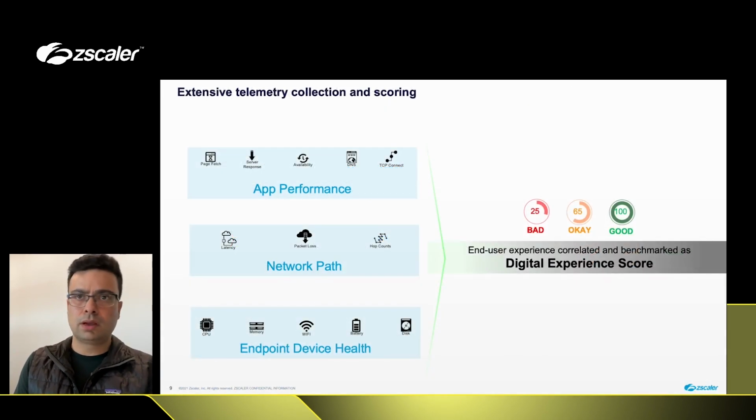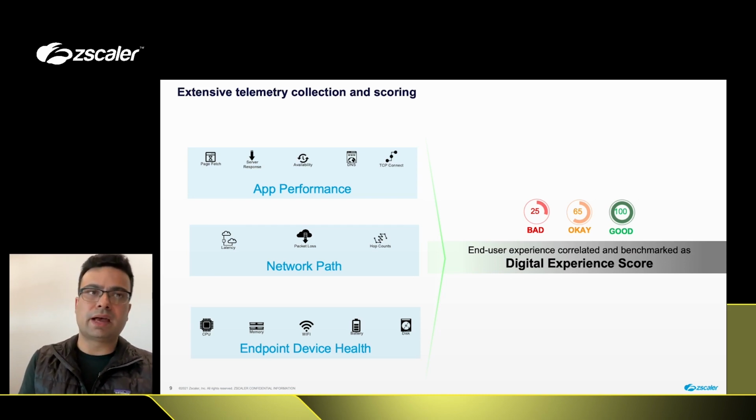When you think about the Digital Experience Score, we look at a lot of metrics from an application perspective, like page fetch time, server response time, or DNS resolution time. We look at packet loss and latency at every single hop, including the user's home network, and we look at the health of their devices like CPU and memory, in a 5-minute time slice. So you get a more real-time troubleshooting picture of what's happening in your corporate network.